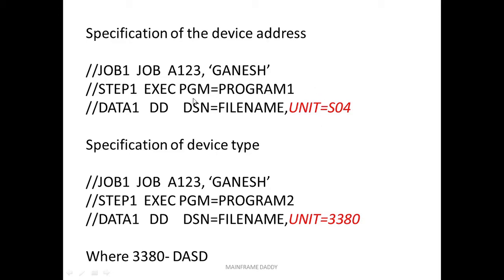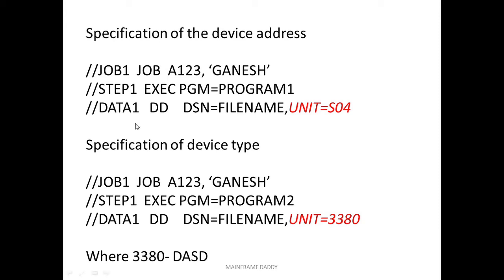At the end of this program the file will be stored in this unit S04 at this address. Or if the file is a read only file, from this unit this specific file will be read.